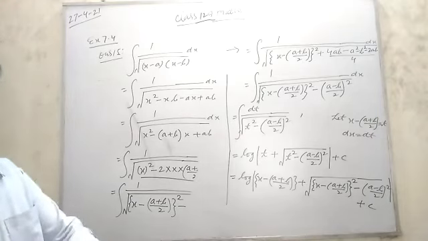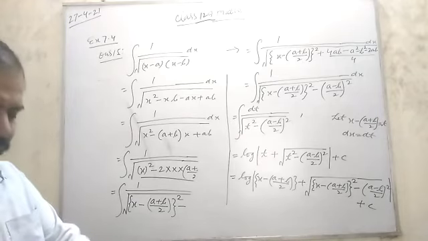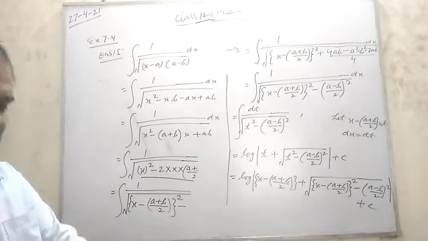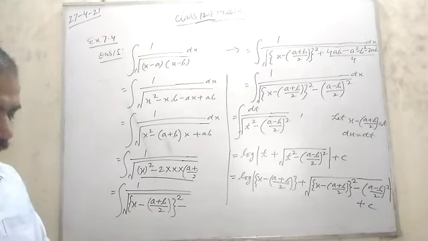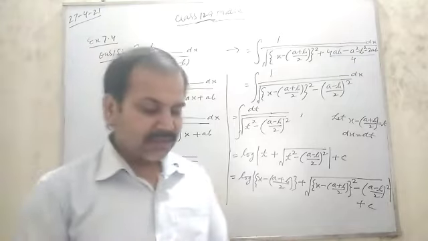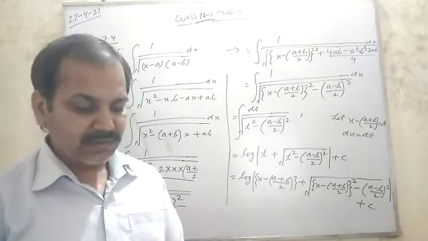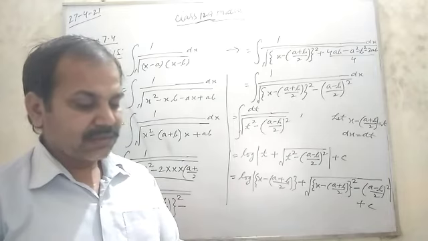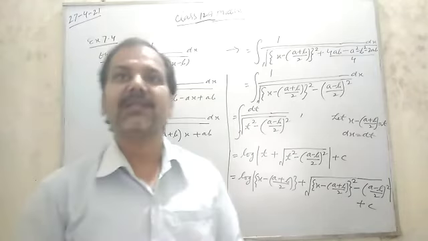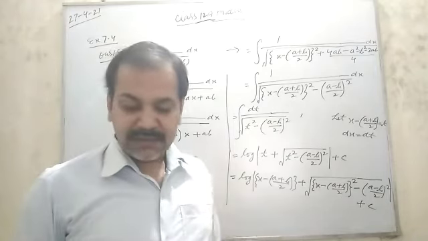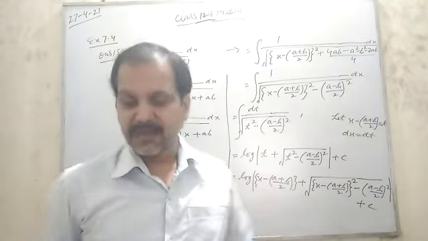So 10 to 15, two questions told, and the remaining you try by yourself. Okay, the process is the same. Then question number 16, 17, 18, 19, 20, 21, means 16 to 23, their process is the same.